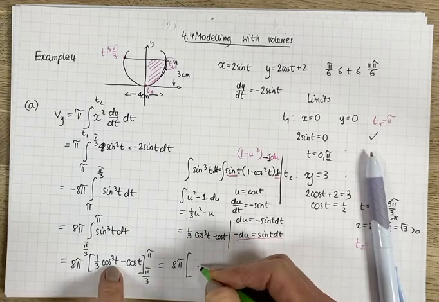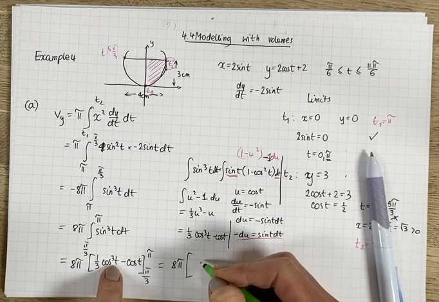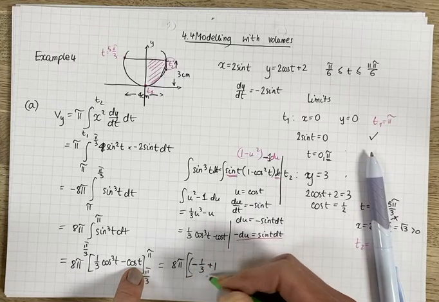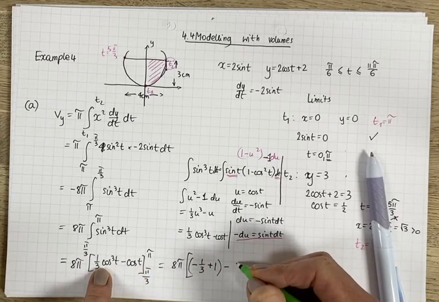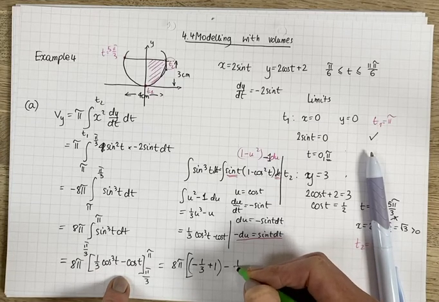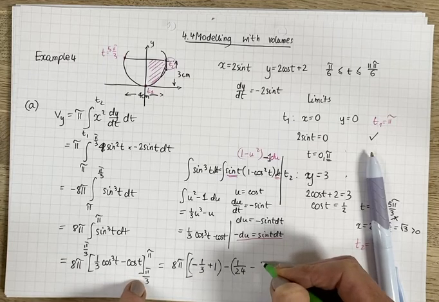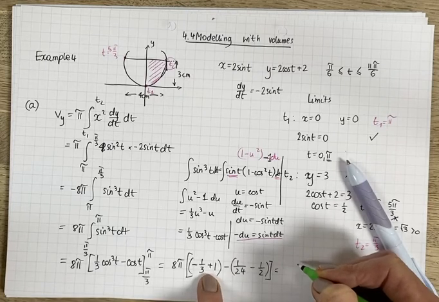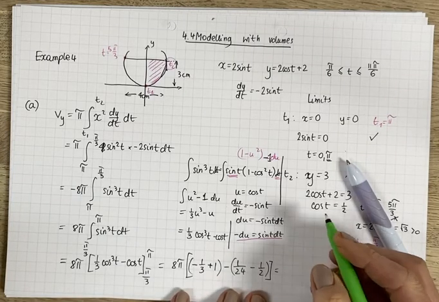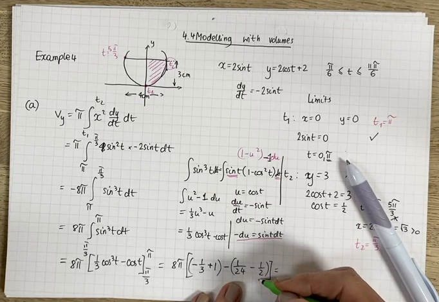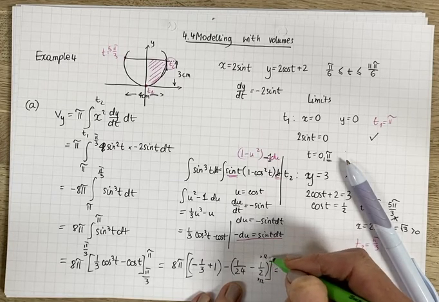Okay, so putting pi into the first cos t gives me minus 1. So it's minus a third, and minus 1, so it's plus 1. Putting pi over 3 into this one gives me a half cubed, which is an eighth, 1 over 24, minus a half. You can just pop it into the calculator, which I haven't got handy. So that's 2/3, and this is going to be times 12 over 12.